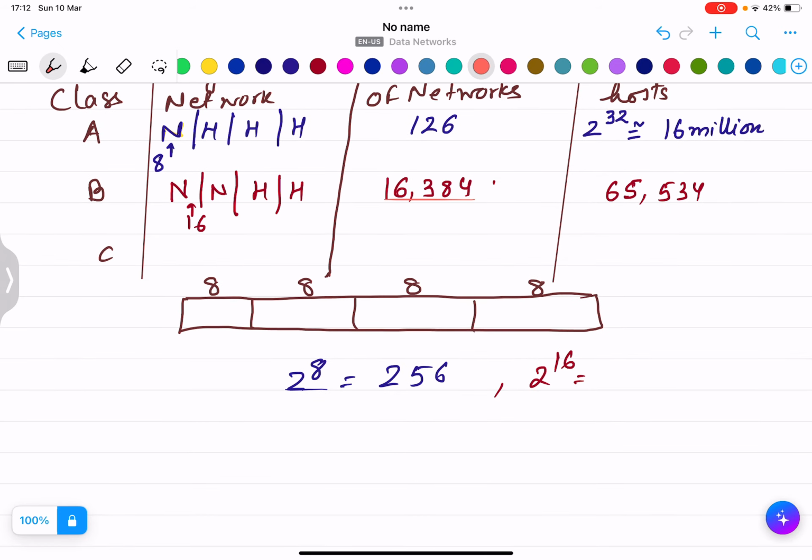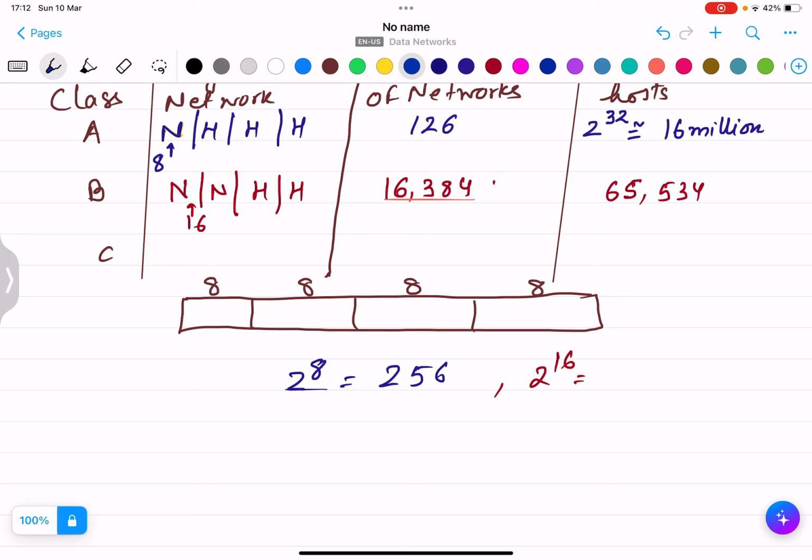Okay, then after defining that, the third one is 24 bits of networks and 8 bits of hosts.